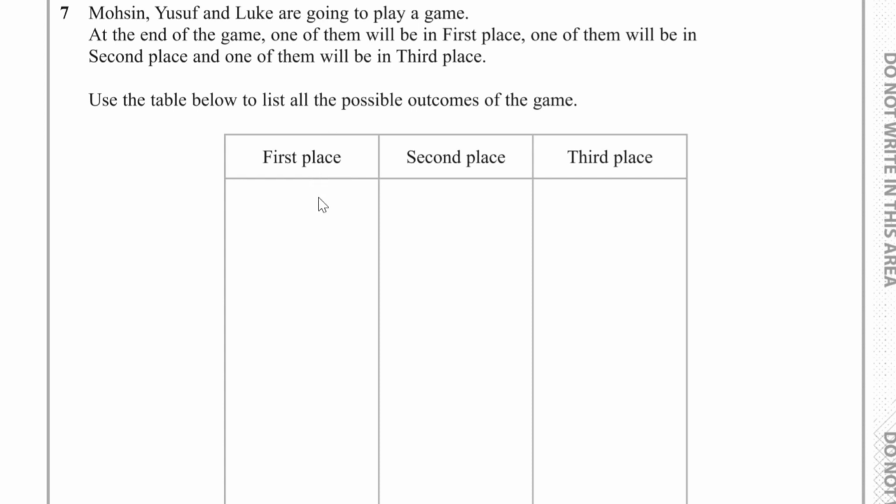Well, we could have M first, Y second, and L third, or we could have M first, L second, and Y third. Or we could have Y first, M second, L third, or Y first, L second, M third.